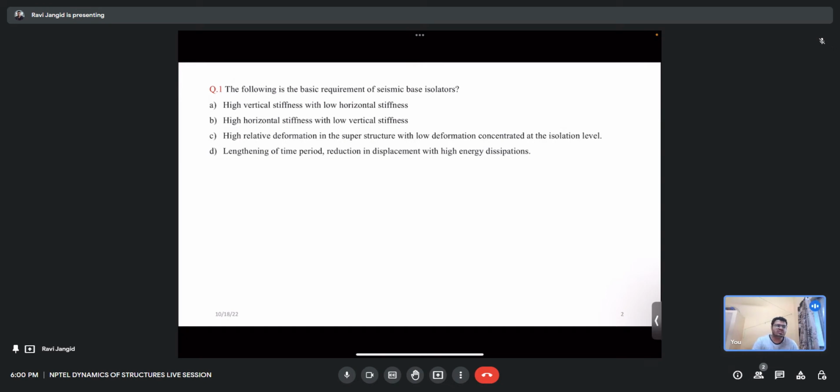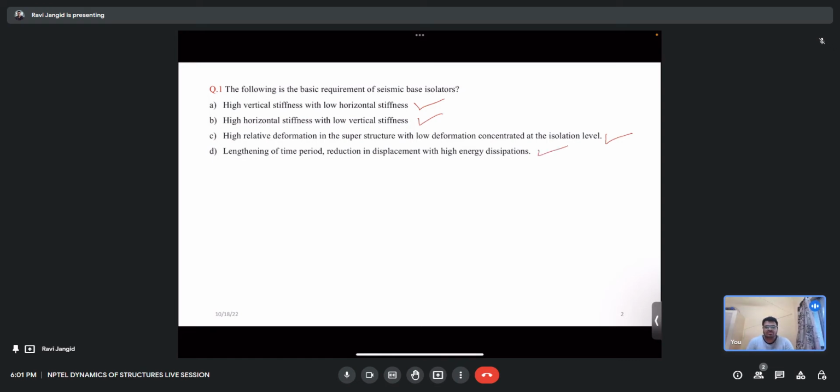The options are: high vertical stiffness with low horizontal stiffness, or high horizontal stiffness with low vertical stiffness, or high relative deformation in the superstructure with low deformation concentrated at the isolator level, or the lengthening of the period and the reduction in displacement with high energy dissipation.